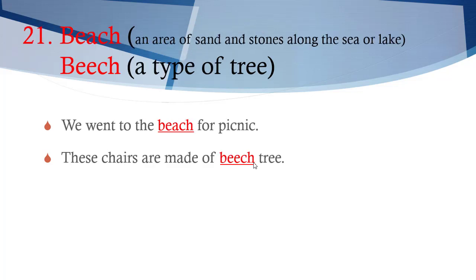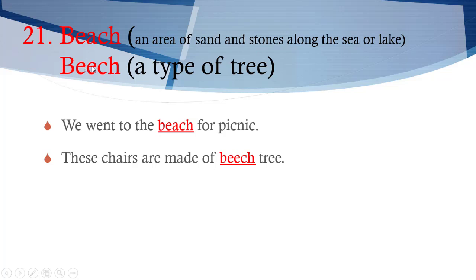At number 21, we have beach and beech with exactly the same pronunciation and the difference of a single letter only in the spelling. In the first, beach, we have A at the third place, and in the second, beech, we have E at the third place. The first, beach, B-E-A-C-H, means an area of sand and stones along the sea or lake.